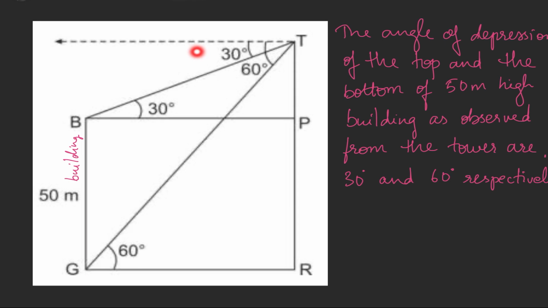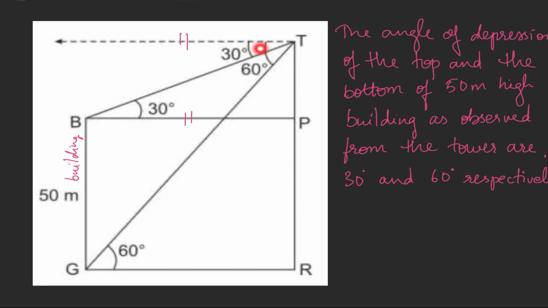And how will we know the angle? It will be measured with the horizontal line. So, that is 30°. Now, when I am going to draw a parallel line to this horizontal line, these two lines are parallel. When these two lines are parallel, then we can easily make out we have Z-shaped angles here.